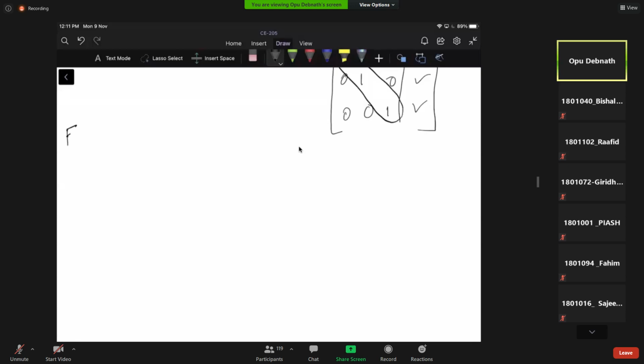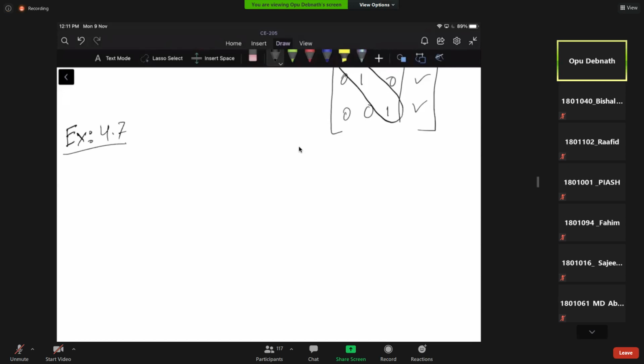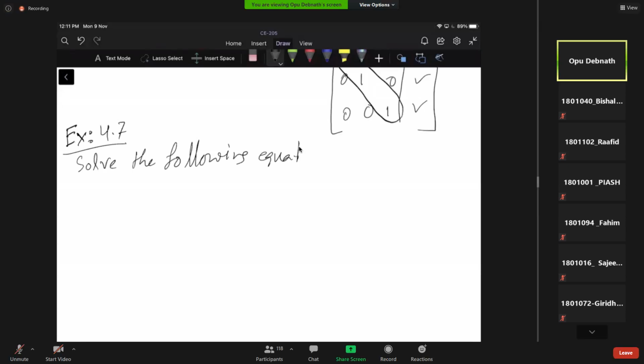So let's start a worked example. It's actually example 4.7 of your book, Venus Murthy. So the question is to solve the following equations.